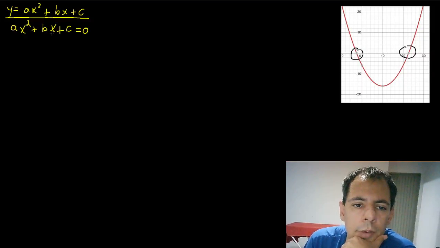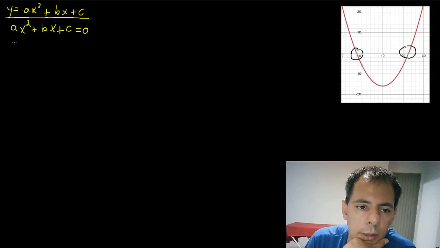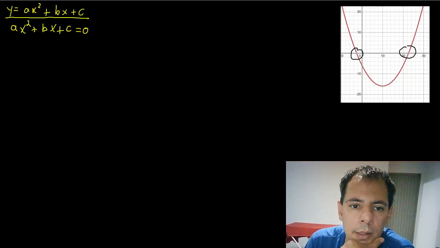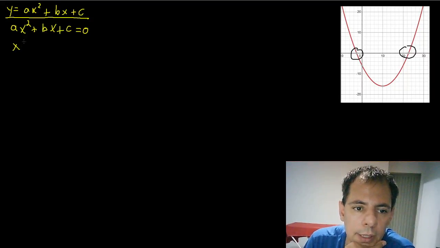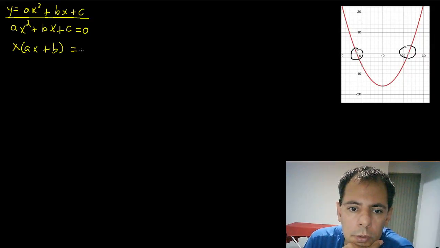Now if you try to find this the conventional way, let's isolate all the x terms on this side, and I'm going to pass the c term, the independent term, to the other side, and factor out the x. So you have ax plus b equals minus c, right?